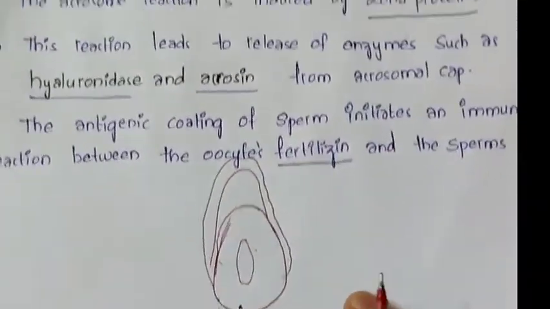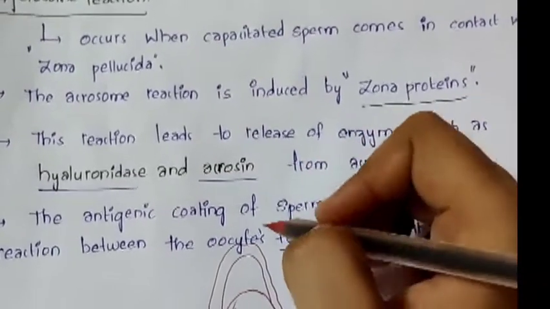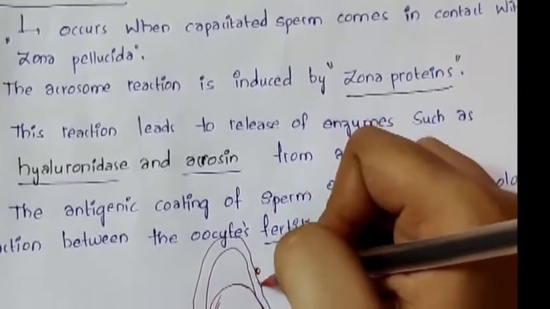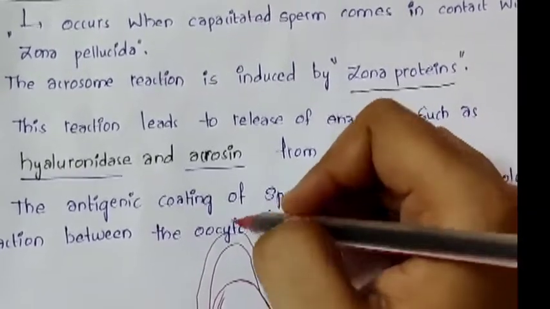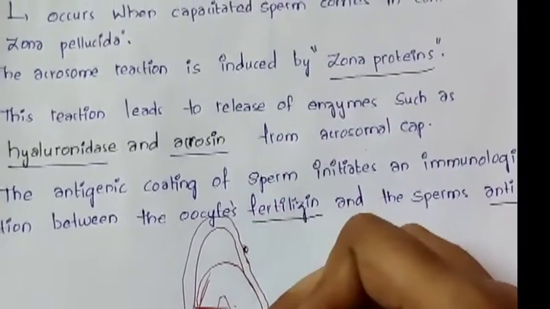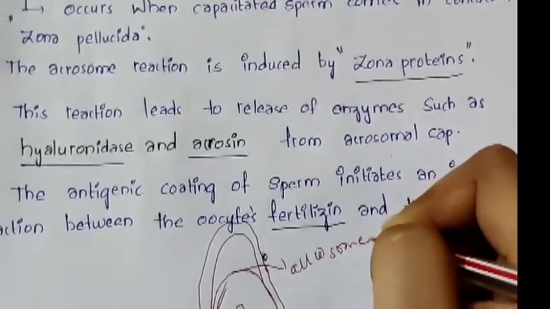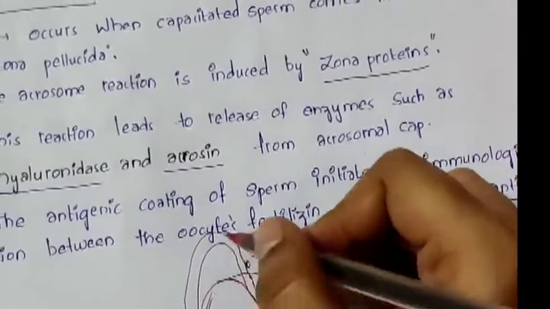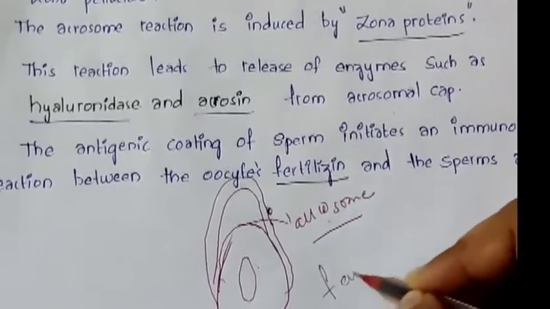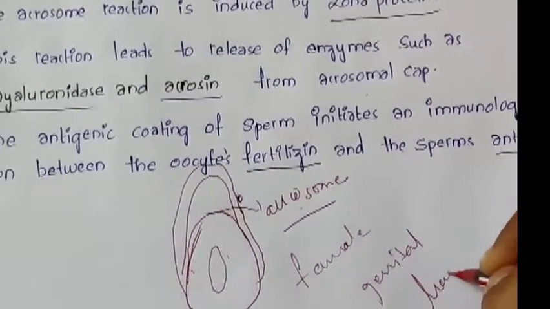Now what happens during the capacitation process? The seminal plasma proteins covering the plasma membrane, and the glycoprotein coat in the acrosomal region, are removed. This is the acrosome region. This process is called capacitation.